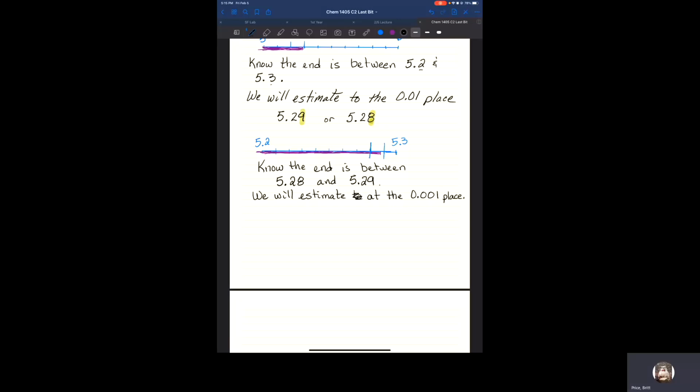So I'm just going to be thinking about at what place I'll be making that estimation. And once again, it's the exact same process. 5.28 what? Okay, so maybe 5.288, 5.287.